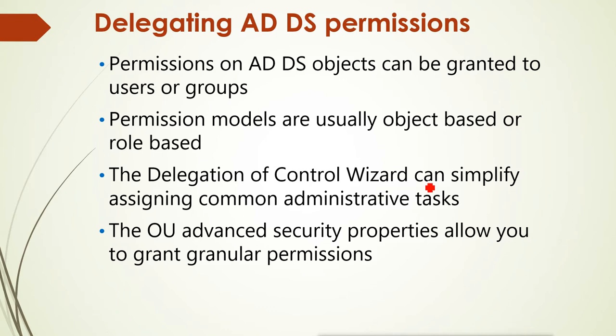So for delegating the AD DS permission on the OU, permissions on AD DS objects can be granted to users or groups, and permission models are usually object based or role based. The Delegation of Control Wizard can simplify assigning common administrative tasks, and the OU advanced security properties allow you to grant granular permissions. So we can allow some user to manage the OU by using the Delegation of Control Wizard, and it will simplify the task.